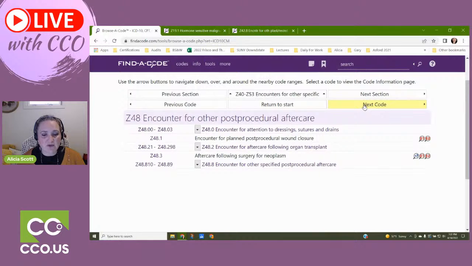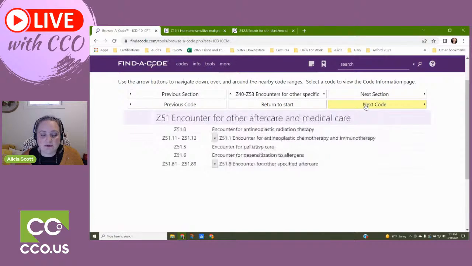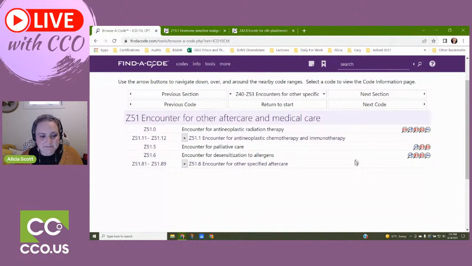Post-procedural aftercare for, again, having stitches taken out, having drains pulled, looking at wounds to make sure they're healing, following organ transplant. You'll have a lot of aftercare for that, for neoplasm surgery. Renal dialysis, so they set you up for renal dialysis, and then testing for your dialysis status.